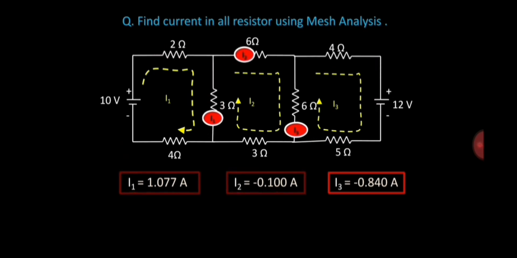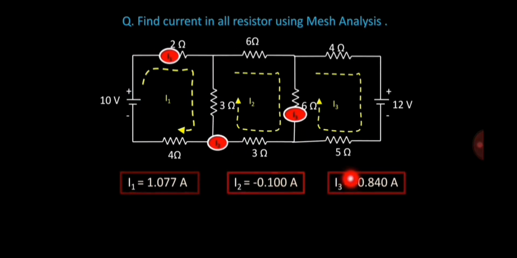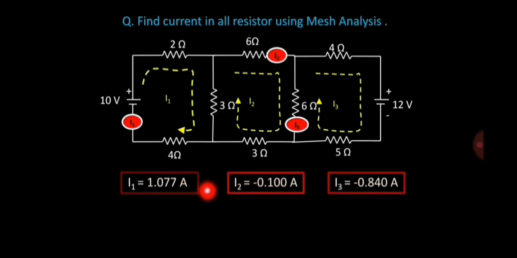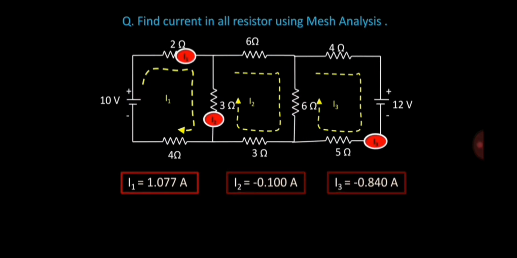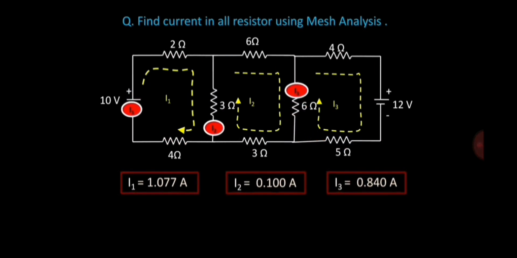A negative sign is just to show that maybe the current was traveling from negative to positive side, but during representation you have to represent all the currents with a positive sign. So therefore we'll have our I1 as 1.077, I2 0.100 and I3 as 0.840 amperes.